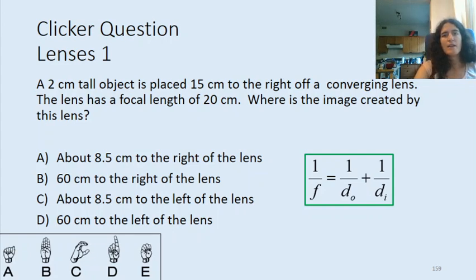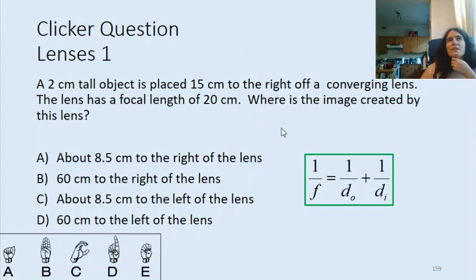So I get negative 0.016. So now I need the inverse of that. So I'm going to take the inverse of that calculation, and I get 60. So negative 60 is my answer for DI.